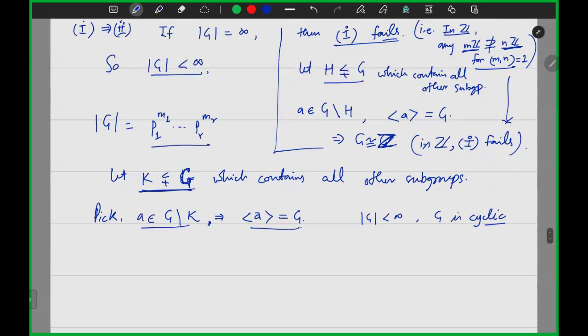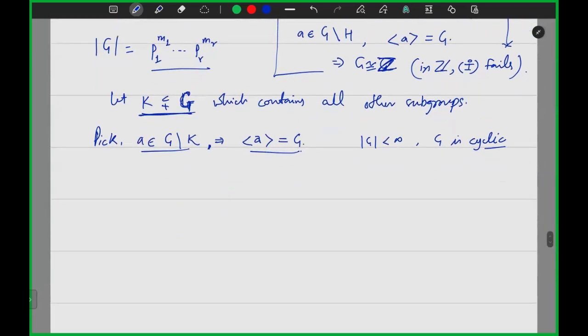Now we have to show only one prime appears. So once G is cyclic of order given, let's say this is your n, G is isomorphic to Z_n.